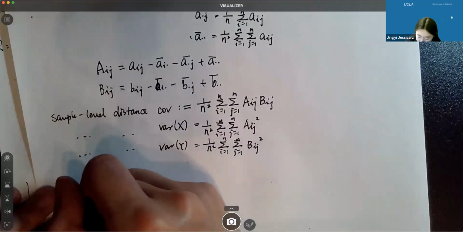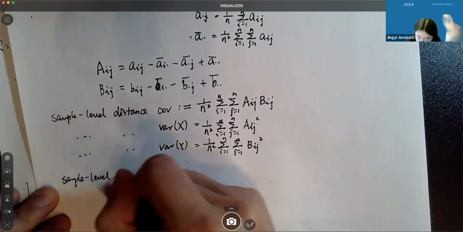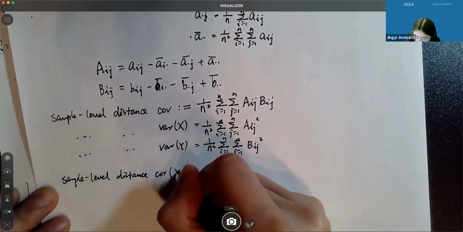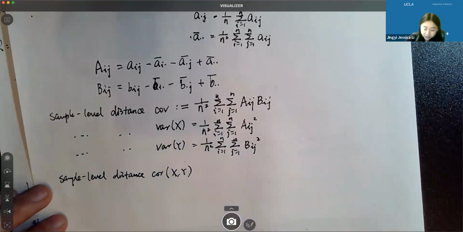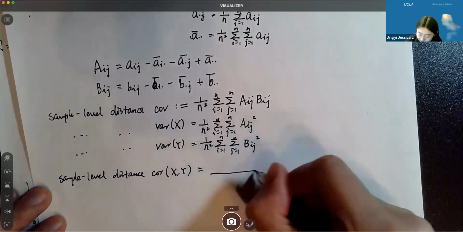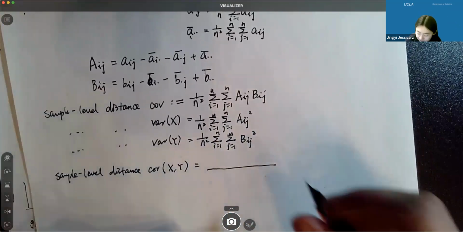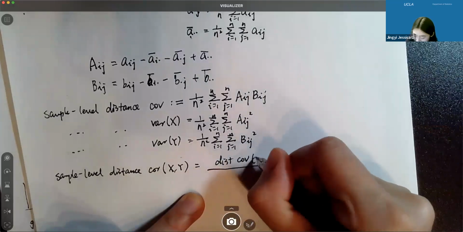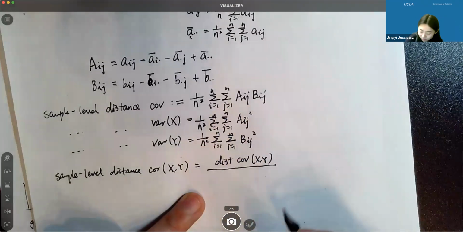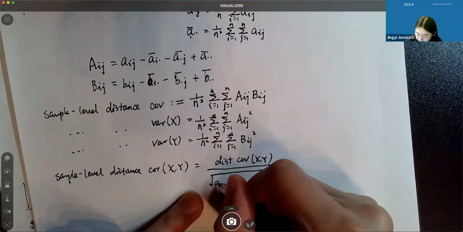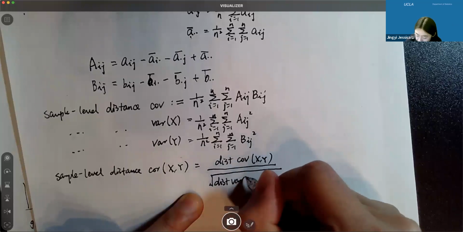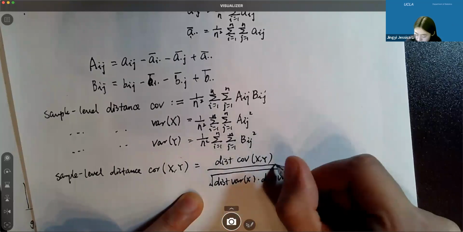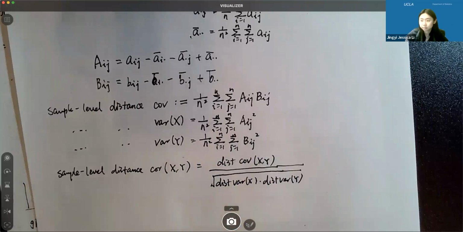So finally, the sample level distance correlation of x and y is defined as just this sample level distance covariance of x and y, what we computed before, divided by the square root of the distance variance of x times the distance variance of y. So you use the Pearson correlation formula to put them together.